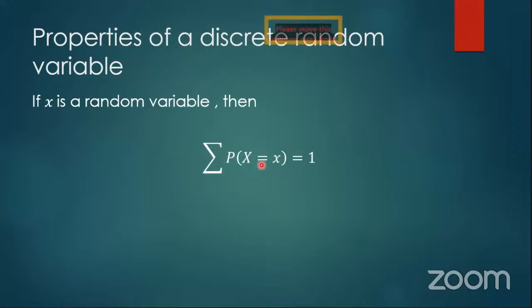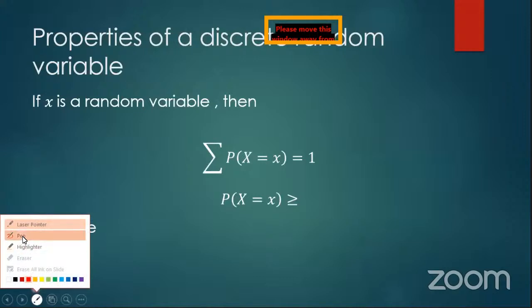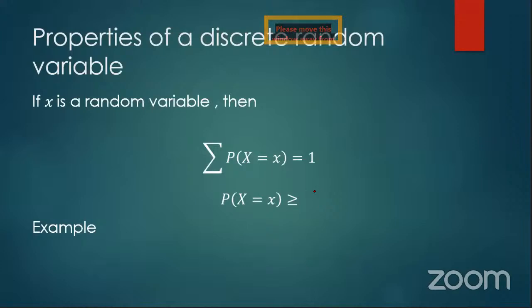So if we sum up all the probabilities, they should give us 1. Another one: the probability of x equaling small x should be greater than or equal to 0, so the smallest value of the probability should be 0.